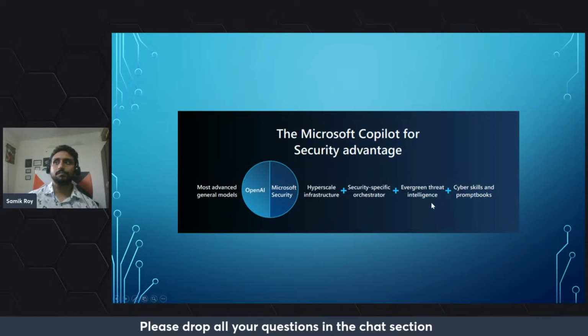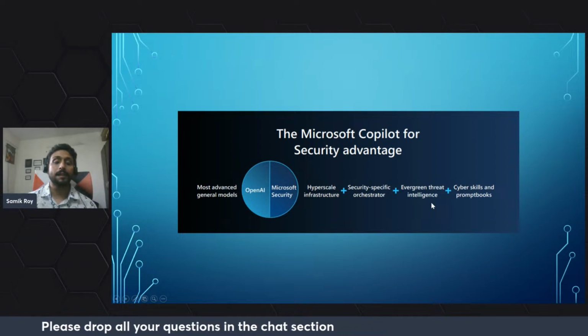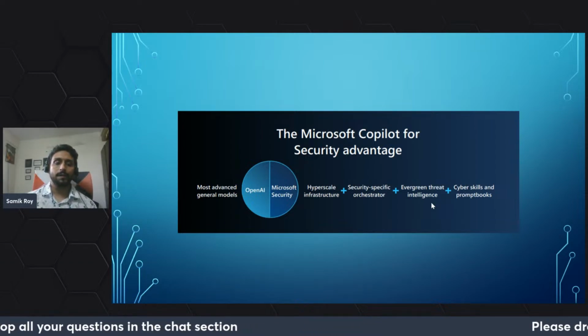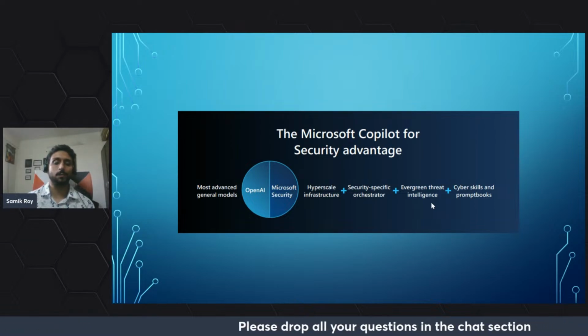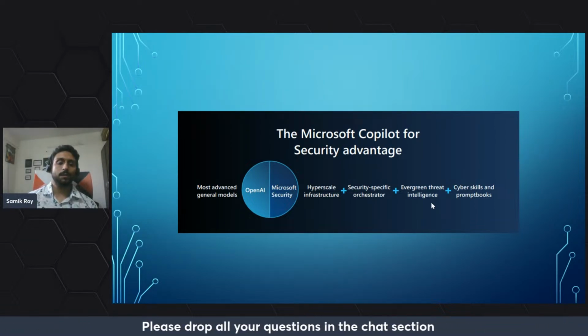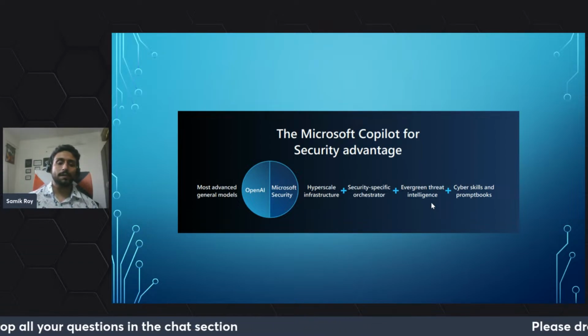Apart from that, there are some add-ons. It is also tied up with Defender for Threat Intel, which is arguably the biggest threat intel platform, with heavy investment at Microsoft, so that capability is also ingested.